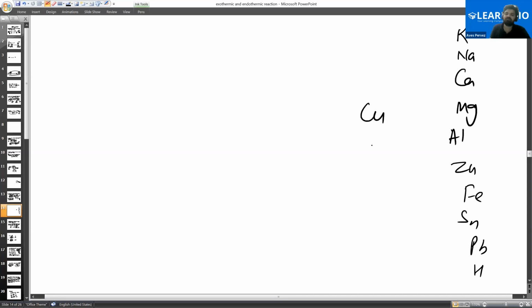Then we have copper, then mercury, silver, gold, platinum. This is the reactivity series. In this series, the most reactive is present at the top, and the least reactive is present at the last.